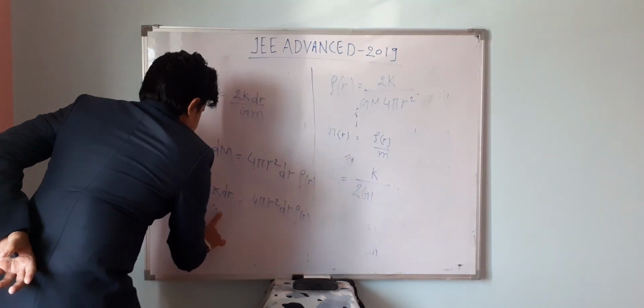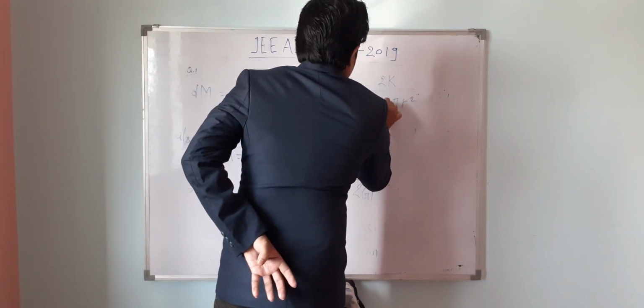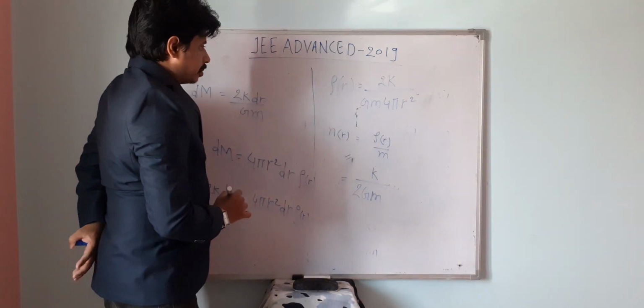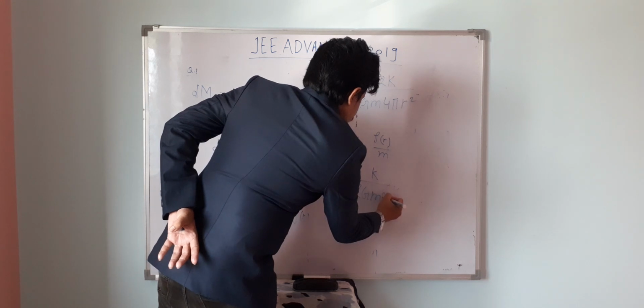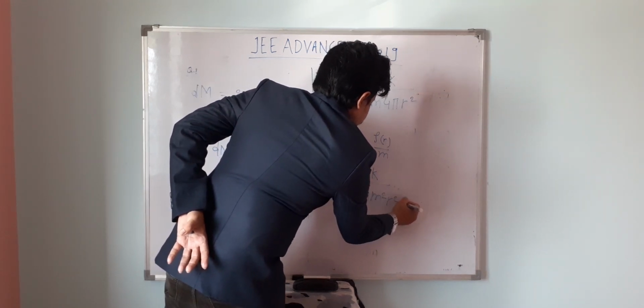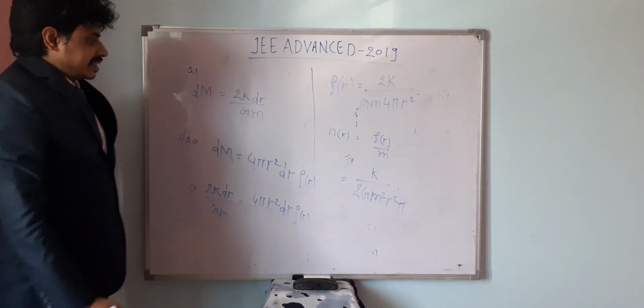Sorry, here m is the small one. Small m. Twice g m square, r square into pi. So this is the exact answer.